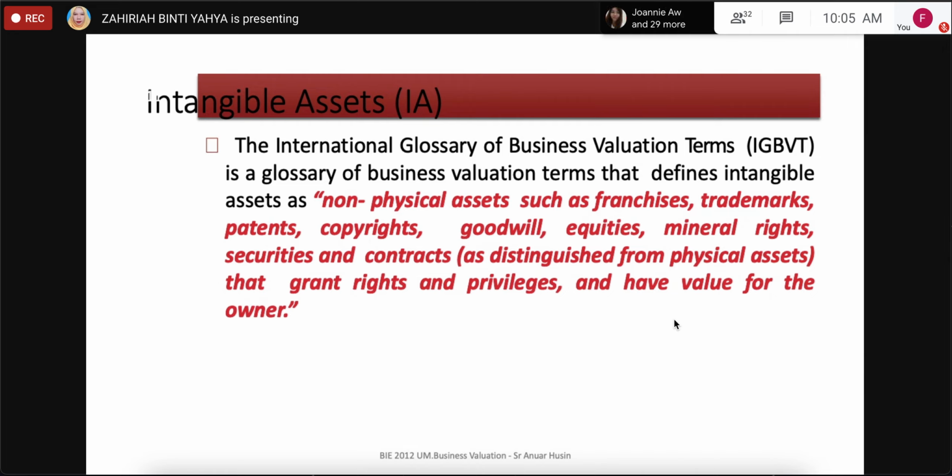Tengok the suitability. You boleh pakai asset approach, you boleh pakai income approach, you boleh pakai market approach. Okay. So intangible asset approach. Macam mana nak value guna asset approach? Boleh ke tak rasanya? Kalau copyright untuk lagu tadi.